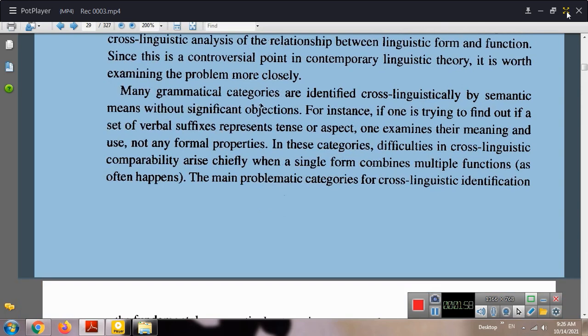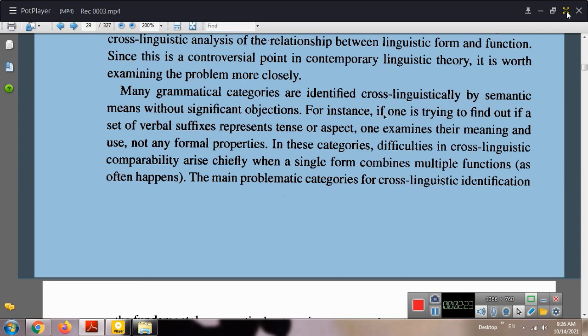Many grammatical categories are identified cross-linguistically by semantic means without significant objection.